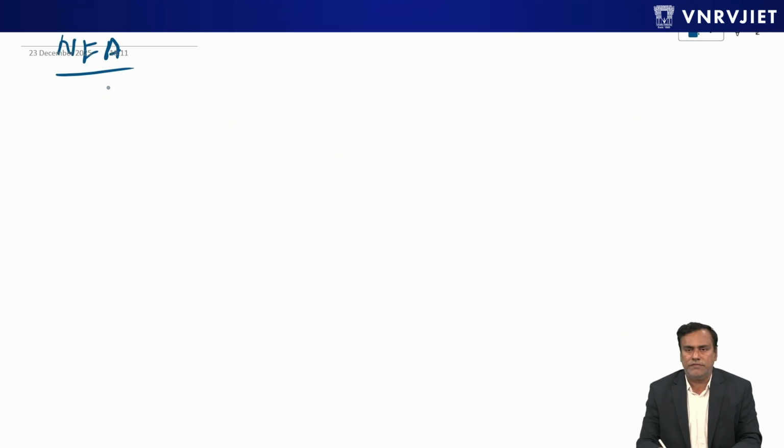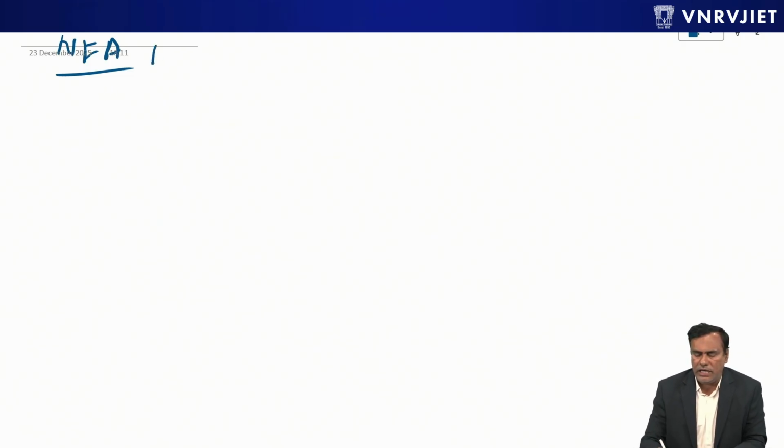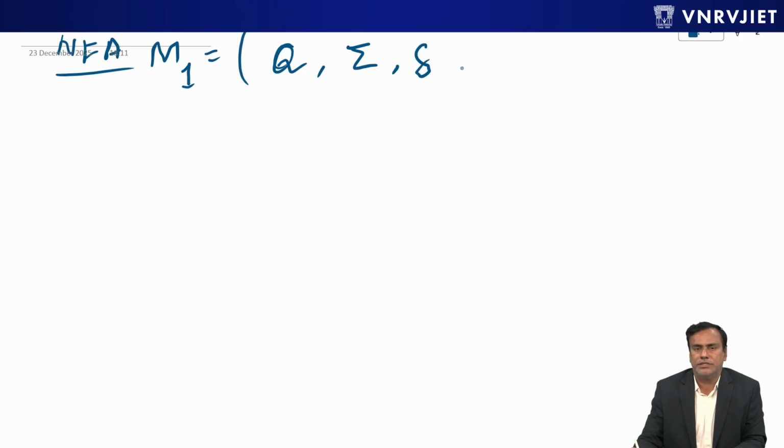If I let this NFA be M1, it is a five-tuple: a set of states, sigma, a transition function, a start state, and a set of accept or final states. These are the components we are going to have.